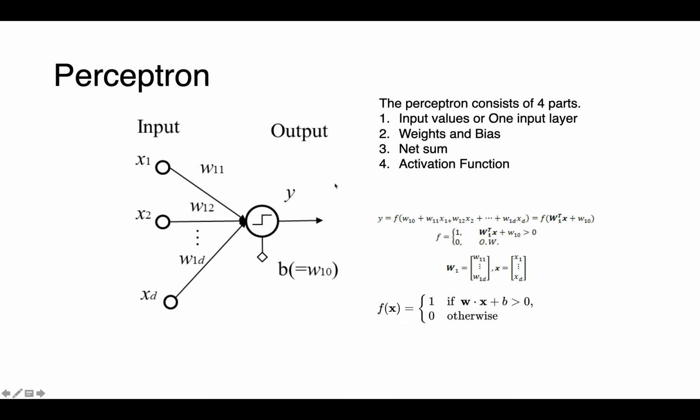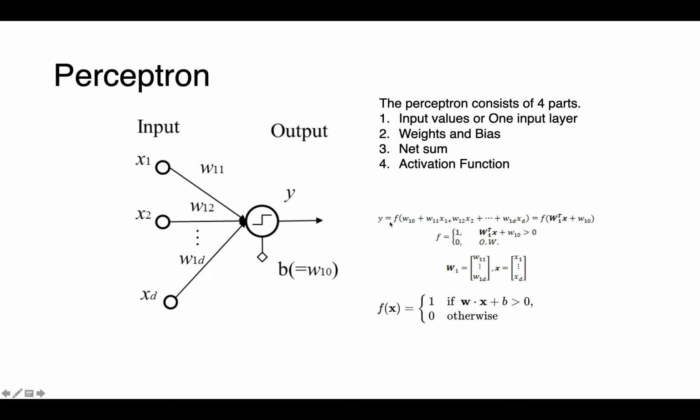First, let's have a quick look at the structure of the perceptron. Here we have different variables. The input variables are x, and the w are the weight variables for the input. Then you have the activation function, b is the bias of the function, and y is the output.